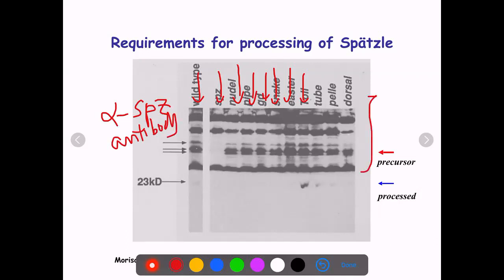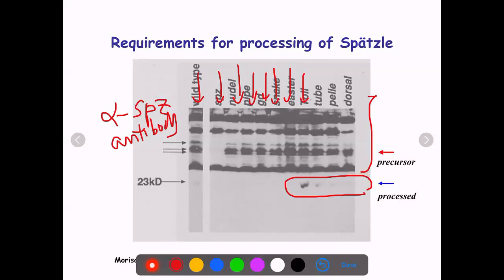And then they try to detect where the Spätzle is. The Spätzle corner is cut and then it will be active. So this is the processed form. If you see the various mutants, the Toll mutant, Tube, Pelle, Dorsal, those downstream gene mutants, they are still able to produce this Spätzle processed form.